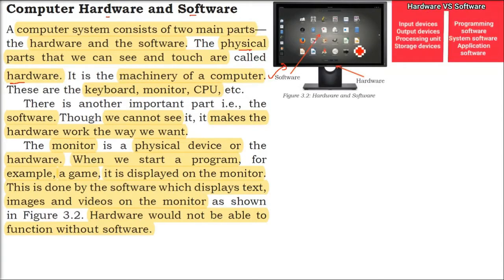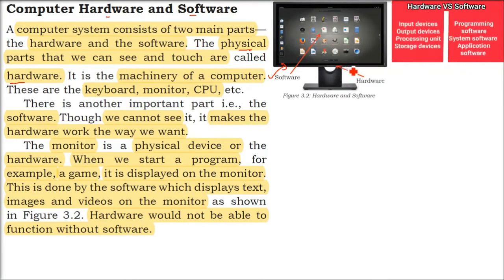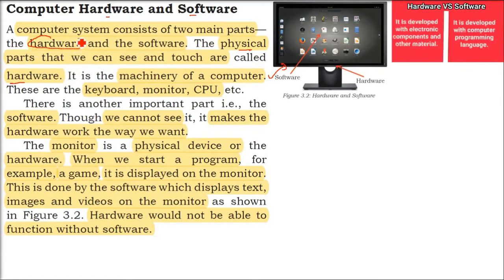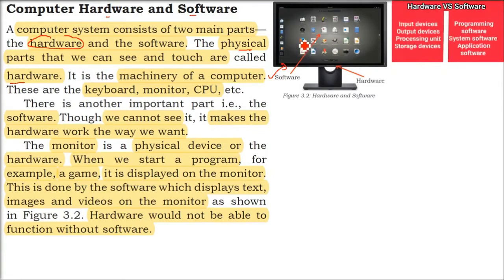The machinery of a computer can have a keyboard, monitor, CPU, RAM, ROM, the motherboard. All these are hardware. Now, what is the second pillar of any computing device? It is software. We cannot see it; it is intangible. Basically, these are instructions written in a certain programming language.